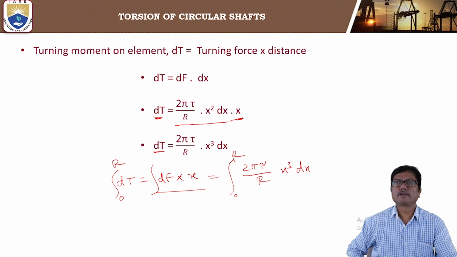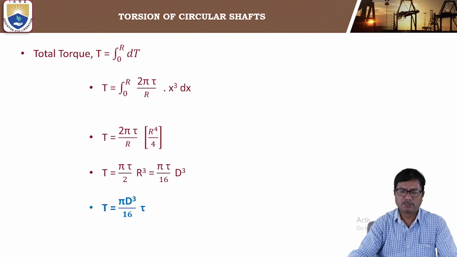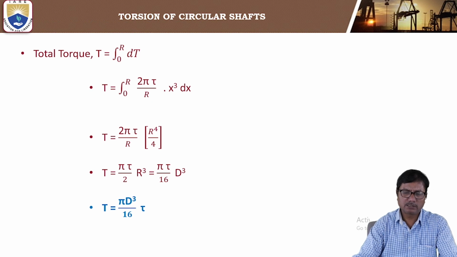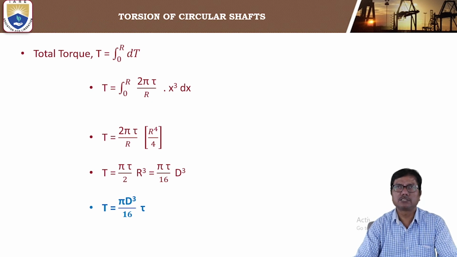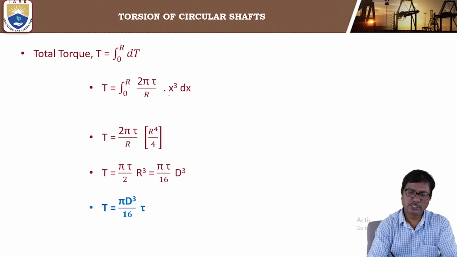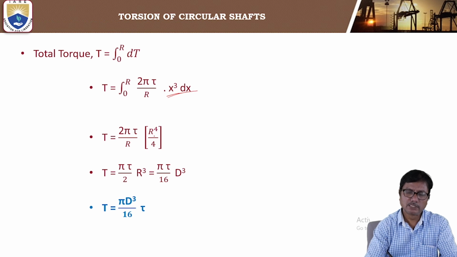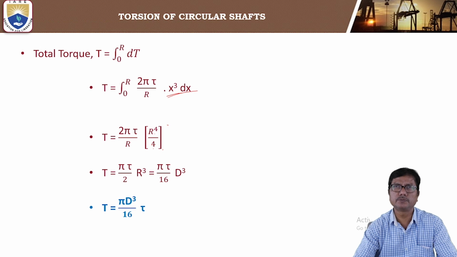Now, what will be the integral of this? Let us see. So 2 pi tau by r, these are constants. Taking that out, you will have x power 4 by 4 integral of this. Between the limits 0 to r gives r power 4 by 4.